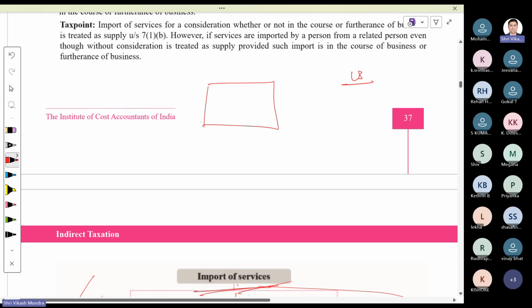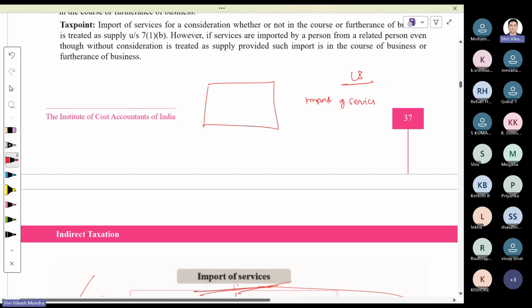Free of cost, she designs it, and those services are used for my business purpose. I am going to open an office. It is not for my residence. Now, is it an import of service? The answer is yes. It is import of services.